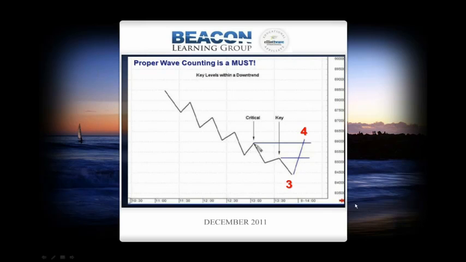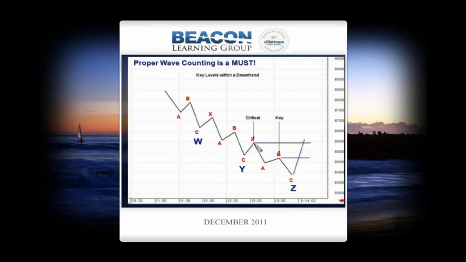As we look at this, it clearly is not a 3-4 count, but it ends up as a triple zigzag, as an A, B, C, X, A, B, C, X, A, B, C, which of course translates into a W, Y, and Z wave.